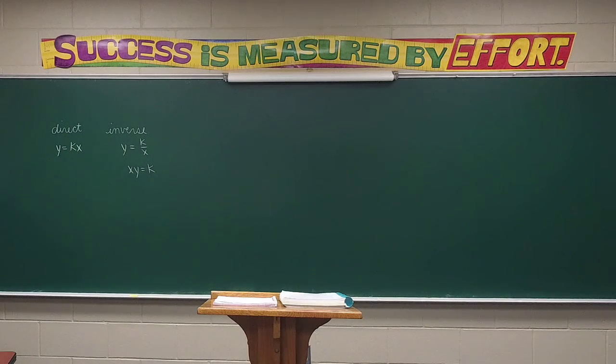How could I define direct variation in words, Abby? We see it presented here, but how would I define that in words? The independent times the constant equals the dependent. Good. Or we could say the dependent is a multiple of the independent variable.